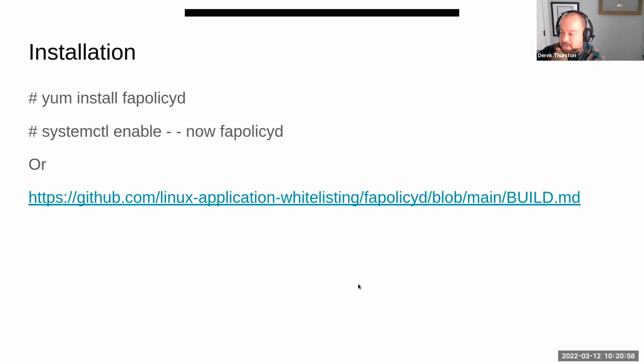I will say the documentation is pretty good, so if you want to try a build, it's pretty straightforward, and the author is very responsive to questions, especially on his GitHub if you run into issues.